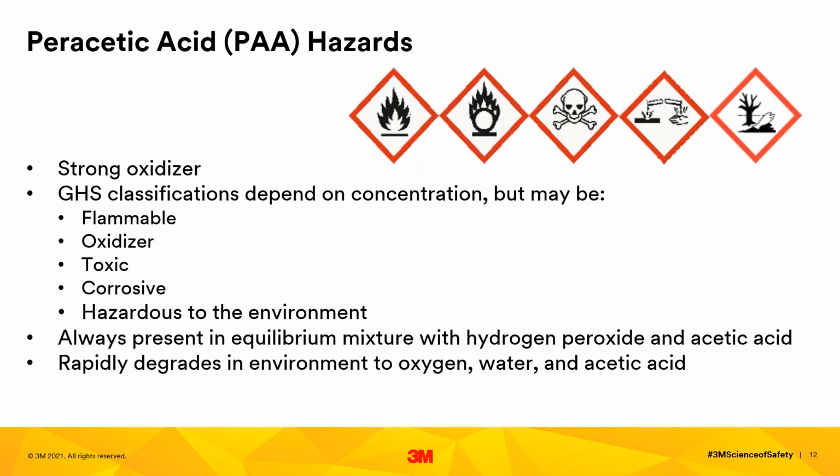I've kind of listed them all for you here. It happens to also be present with other chemicals at the same time. This is just the nature of the chemistry. So not only do they have to be concerned about the peracetic acid exposure, but the hydrogen peroxide and acetic acid that come along for the ride. Next slide.